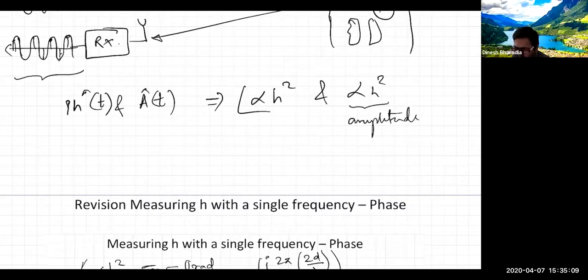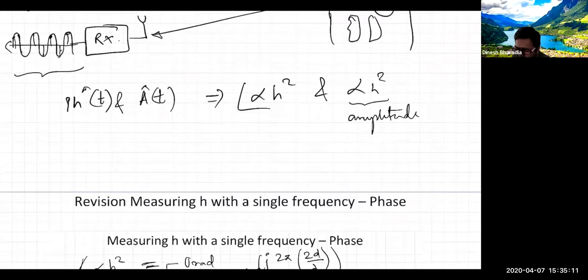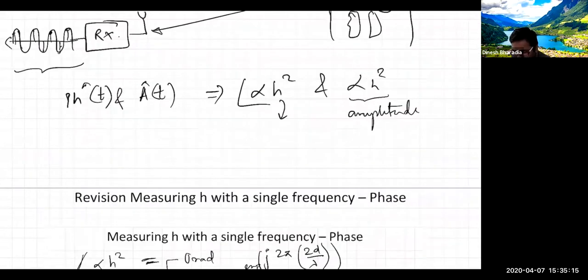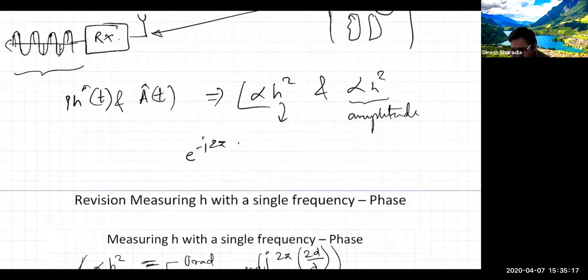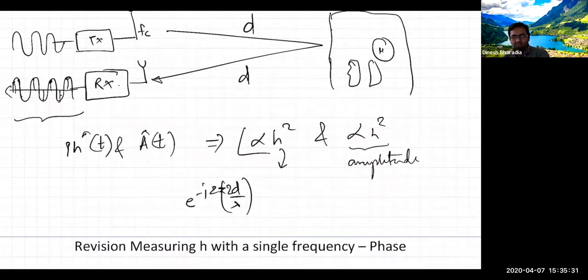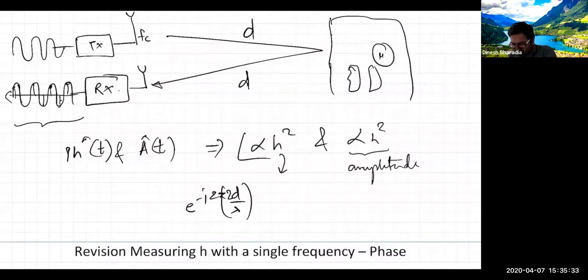Now, as we discussed, h squared is nothing but, recall, exponent of minus j 2 pi d over lambda, or 2d over lambda, because d on one side, d on the other side. I see there is a lag in this slide, so I will try to slow down. This is how we get 2d over lambda.